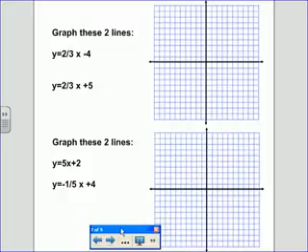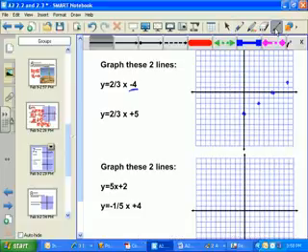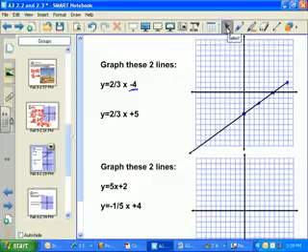We've got y-intercept is negative 4. Slope is 2/3, so up 2 over 3. Okay. And what we'll do is we'll use our line tool here to draw a nice line. Just let these look a little bit nicer. Okay.